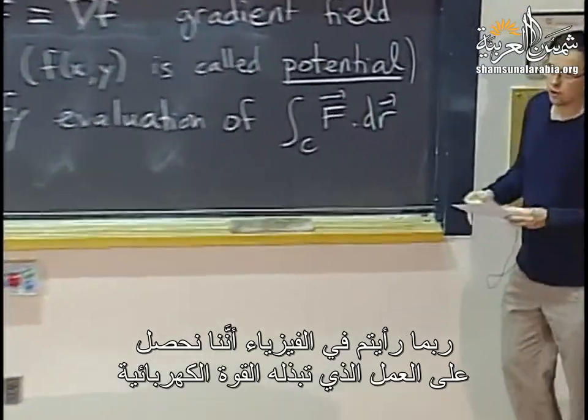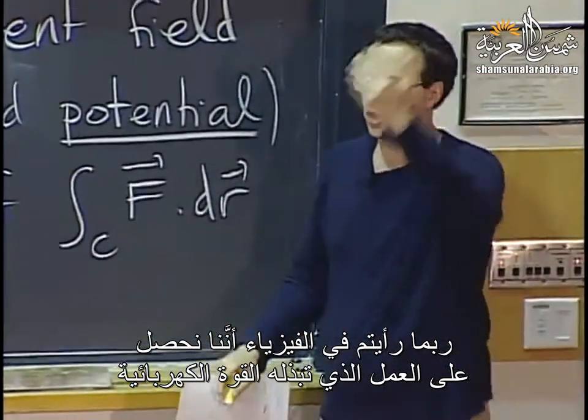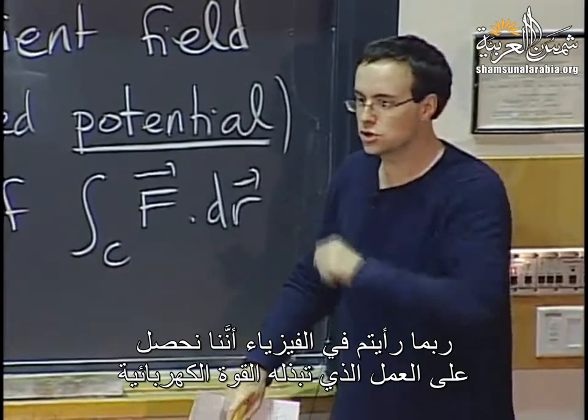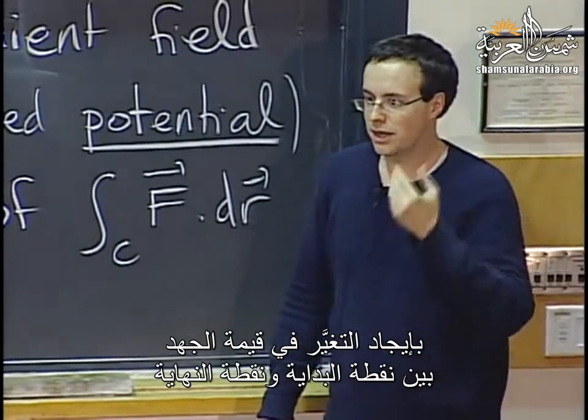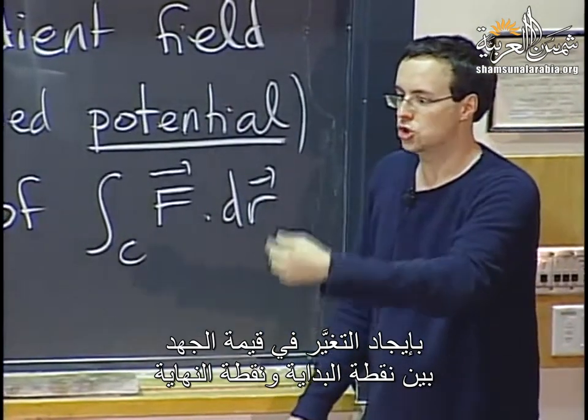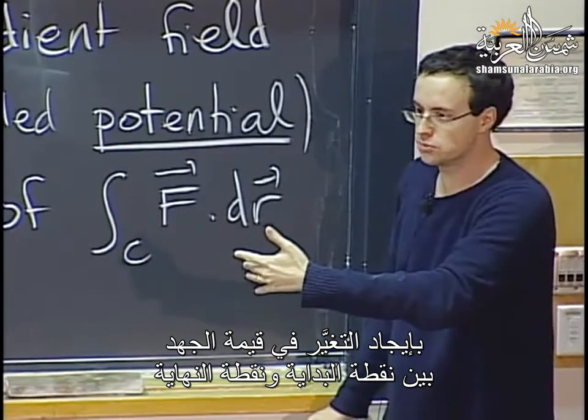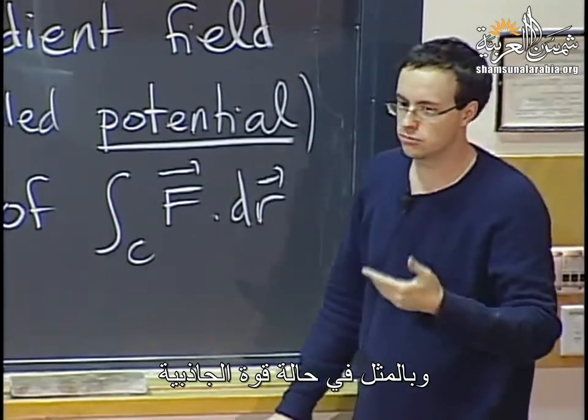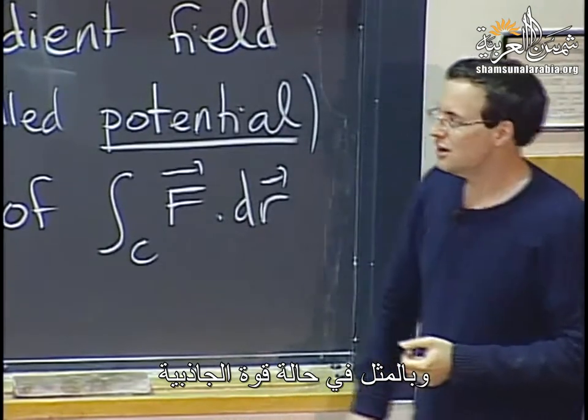Okay? So perhaps you've seen in physics the work done by, say, the electrical force is actually given by the change in value of a potential from the starting point to the ending point. Or same for gravitational force.